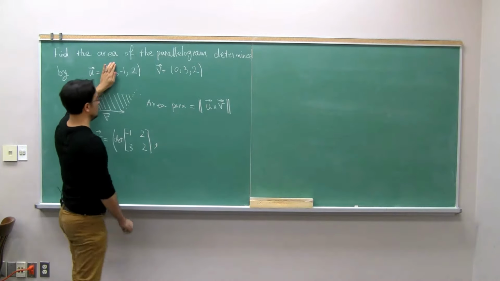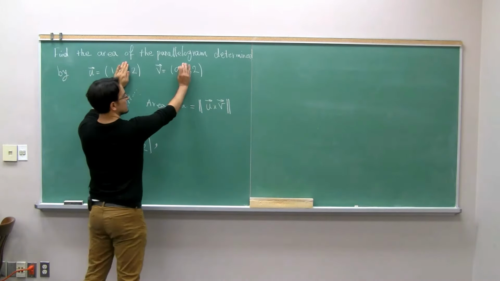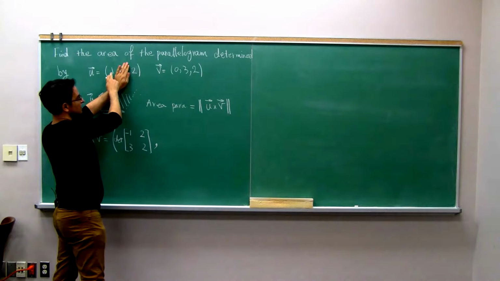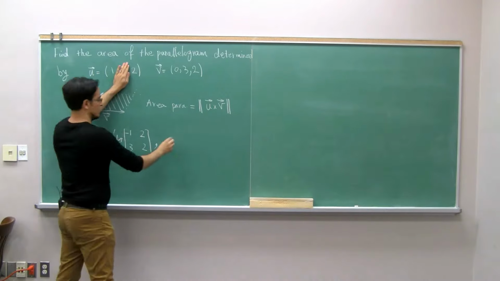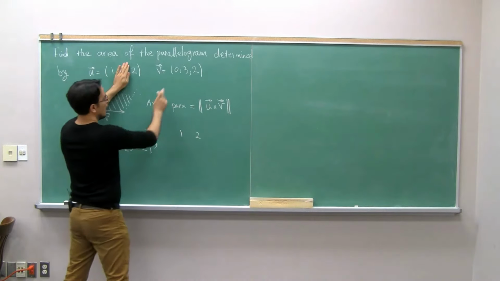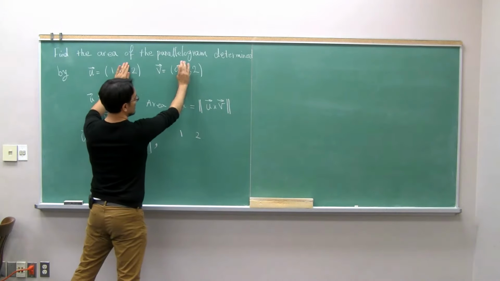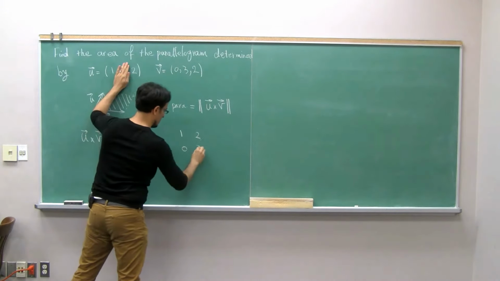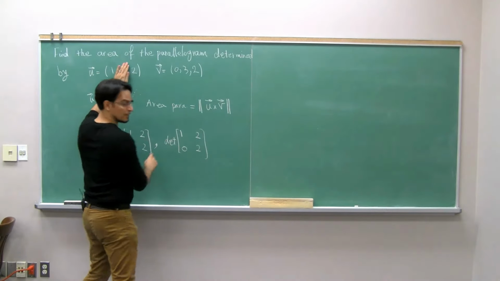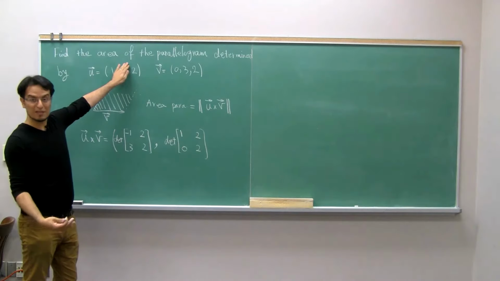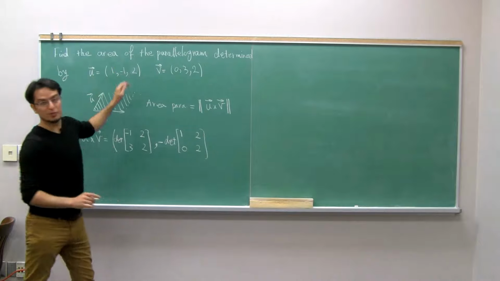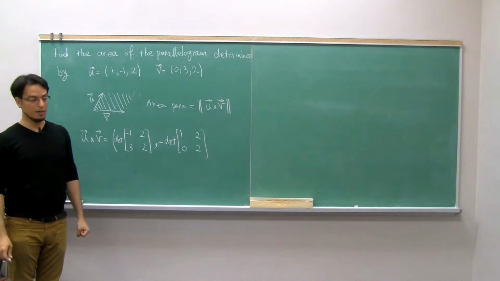Then for the second component, this time you cover the second components and put the remaining components in the first row. So I have 1, 2, and here, if I cover 3, I get 0, 2. Then this is a 2 by 2 matrix. Find its determinant. In the second component, you have to put a minus sign there.